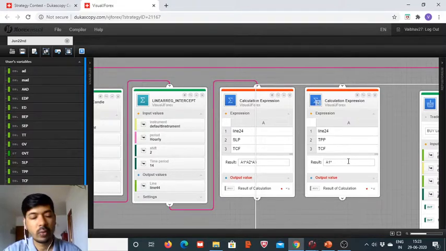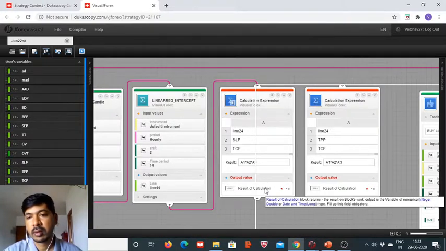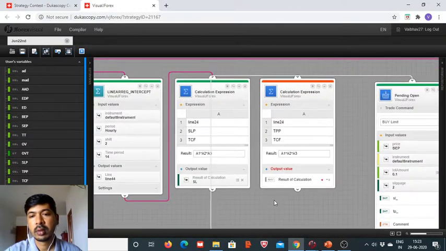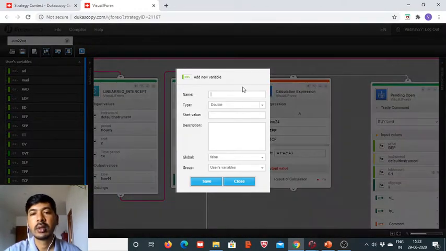Here we will have to change this to integer, and the name is going to be SL, and this one also needs to be converted into integer, and this is going to be TP.